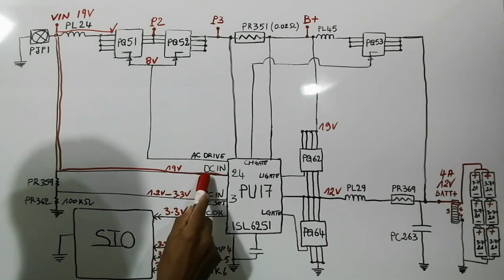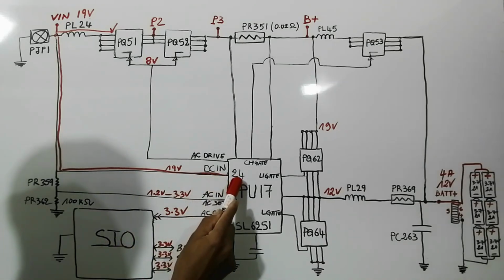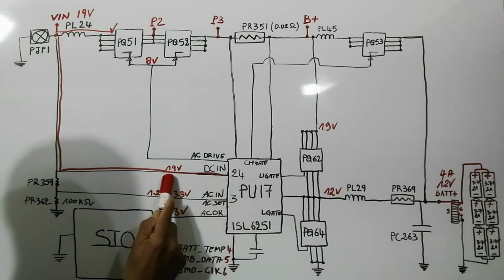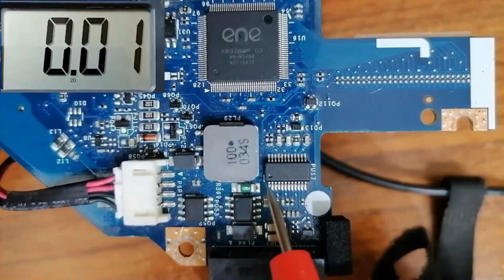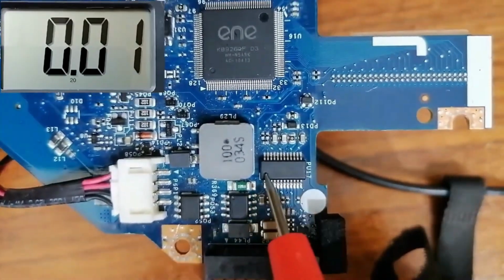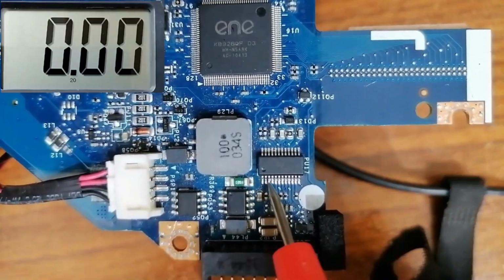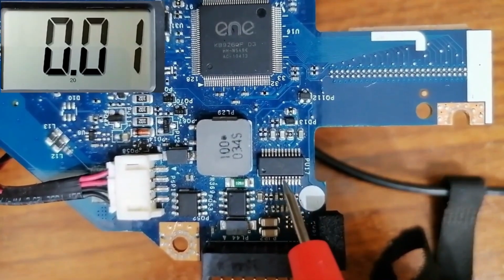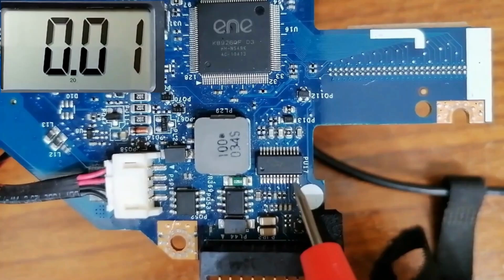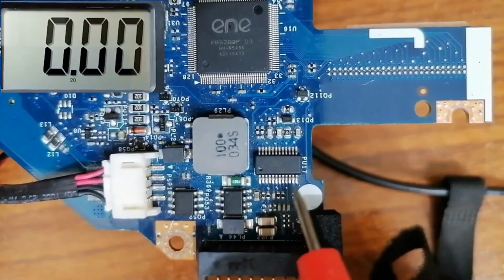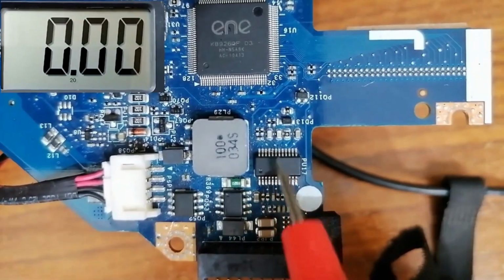So let's check the DC in, pin 24. We have to find 19 volts. This is the charge IC. This dot here means this is pin number 1. So 1, 2, 3, 4, 5, 6, 7, 8, 9, 10, 11, 12. Over here we have 12.